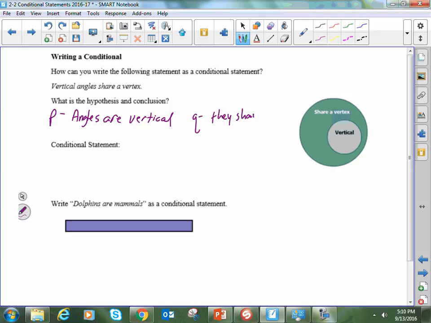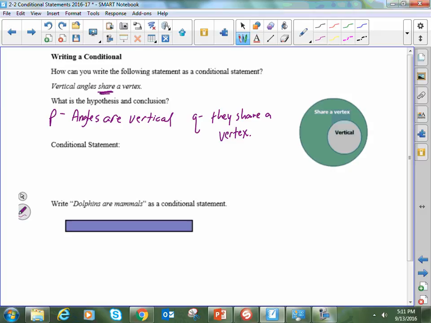Now, the whole reason why I'm asking you to actually think about what would the hypothesis and conclusion be of a statement that's not written in a conditional form is so that if you do have to write a statement in a conditional format, how would you do it? You have to be able to identify what is the hypothesis and conclusion. Now here you see the word share. You can think of maybe where the verb is. That's where the change between the hypothesis and conclusion is. But they don't always follow that format.